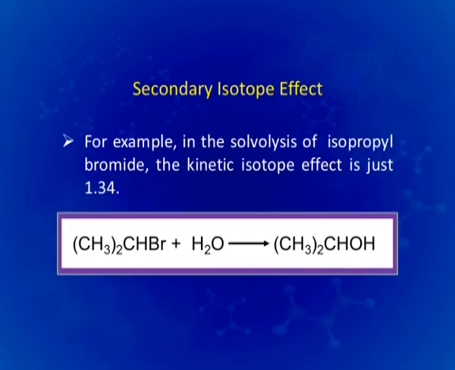And there is an example where this halide is being treated with water and giving us alcohol. It clearly shows that the kH by kD is only 1.34. That means the C-D bond or the C-H bond is not involved in the rate determining step.